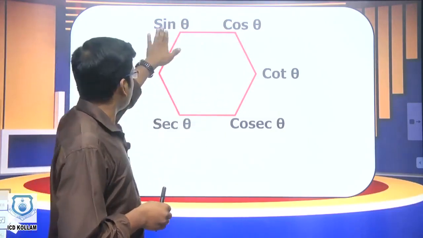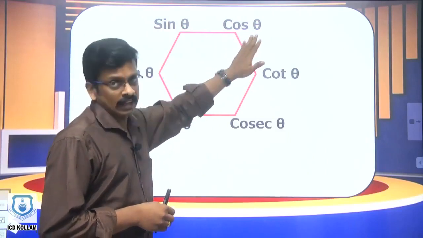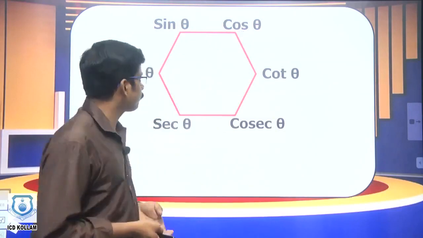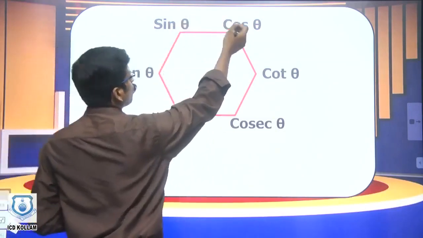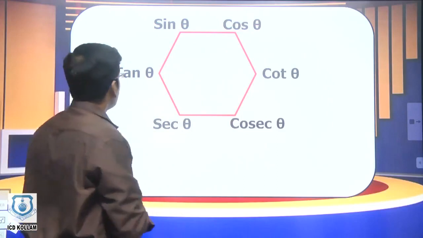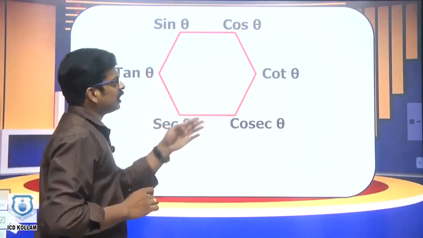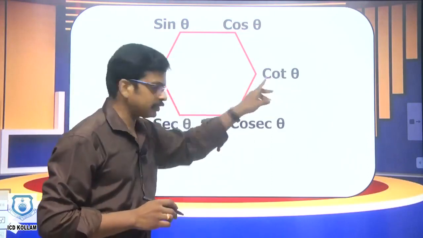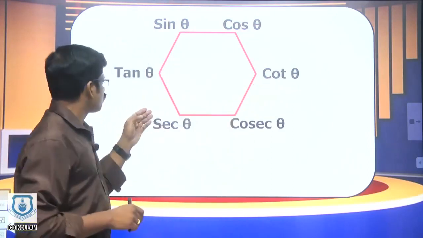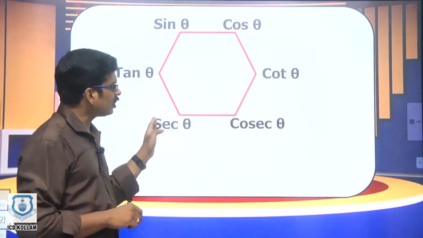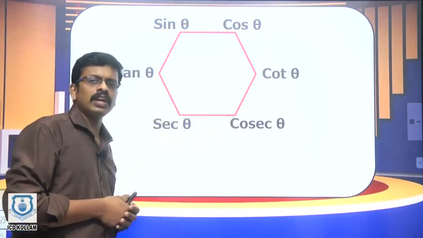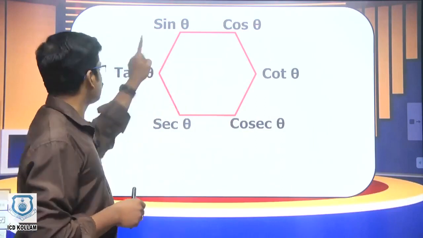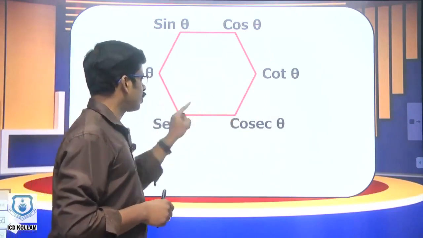So sin and its co-function cos theta. Tan, its co-function is cotan, that is cot. Now sec, its co-function is cosec. So sec, cosec, sin, cos, tan, cot.